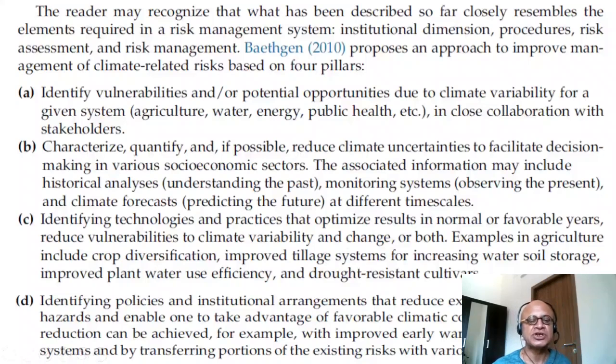Examples in agriculture include crop diversification, improved tillage, systems for increasing soil water storage, improved plant water use efficiency, and drought-resistant cultivars. So now you are going from doing predictions and looking for predictability and applications to agriculture, to how you then holistically manage agricultural systems in the context of climate variability and change, and having metrics for vulnerability.